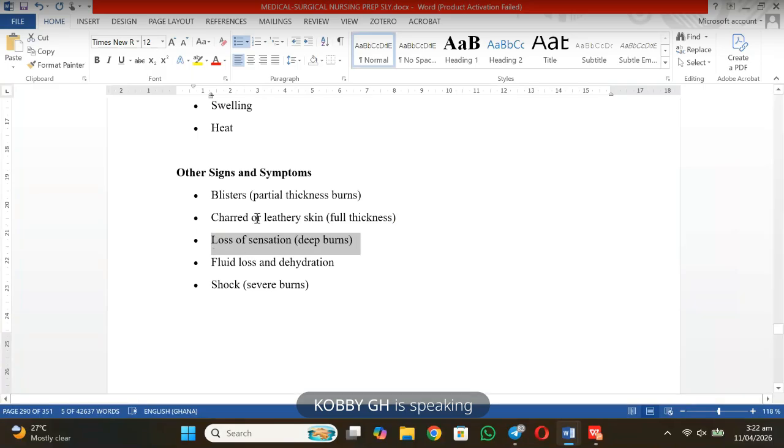If a patient experiences a partial thickness burn, blister formation usually occurs. At times, patients will lose fluids. With severe burns, fluid loss and dehydration can occur, and if care is not taken and resuscitation is not done, patients may end up experiencing shock.